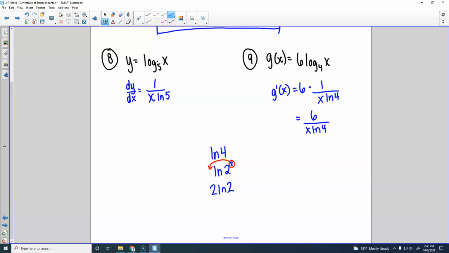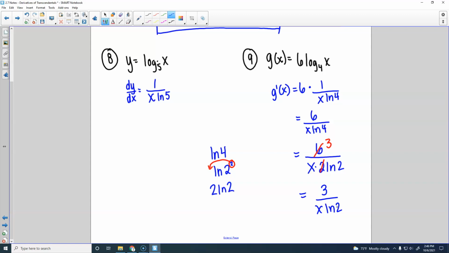So natural log of 4 is the same as 2 natural log of 2. And if we do that, 6 over x times 2 natural log of 2, now this 6 and this 2 can reduce to 3 and 1, because they like to torture young minds.